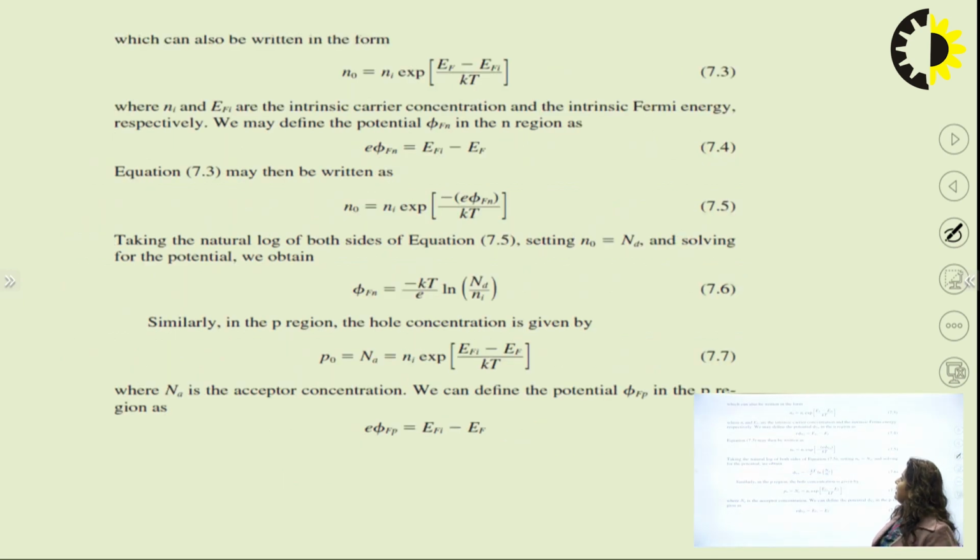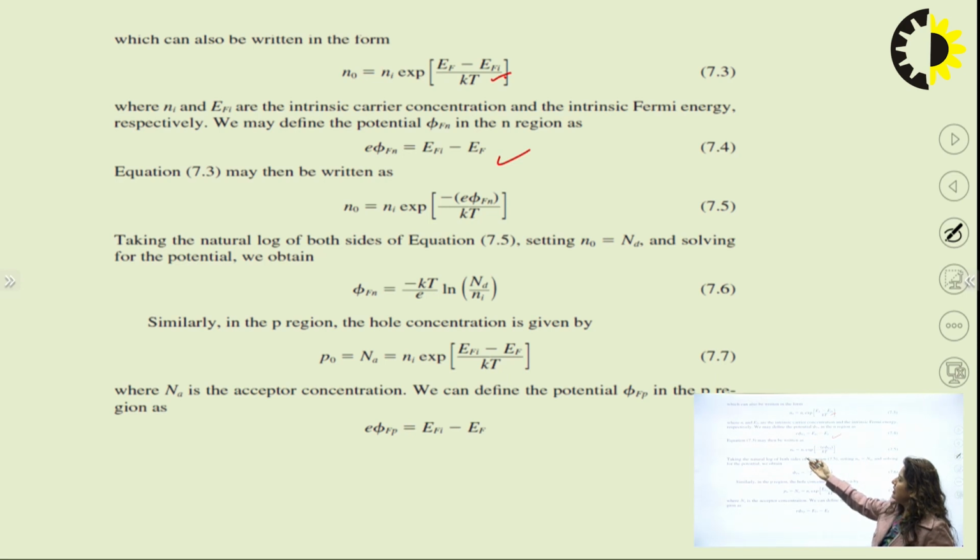The next expression we have for electrons in the case of the intrinsic type, so n0 is equal to Ni exponential (Ef minus Efi) by kT. So similarly, we can find the work function representing the difference between the Fermi level and the intrinsic Fermi level.